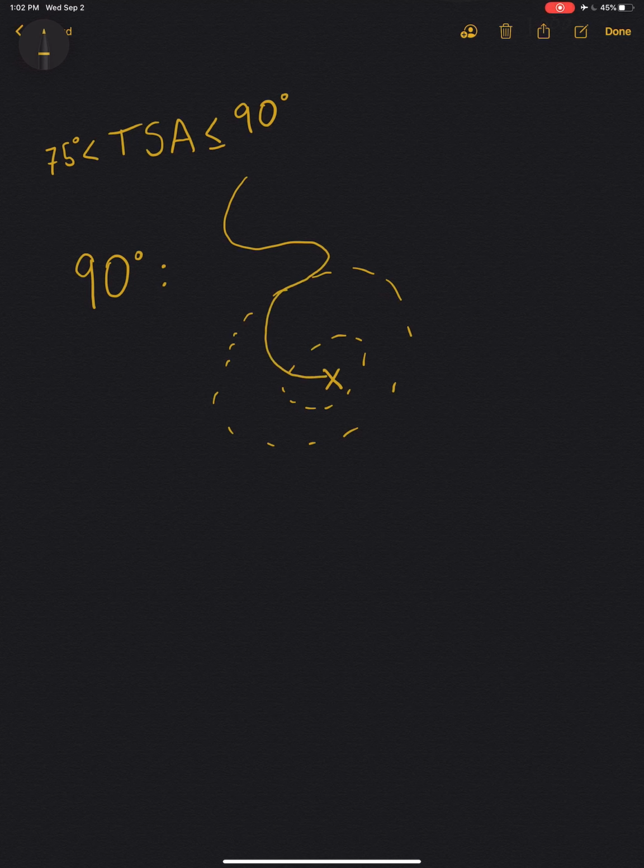So, at 90 degrees trail slope alignment angle, what that looks like is this. We have a high point and contour lines around it. And a trail that is moving along, and at any given contour line, the trail is exactly perpendicular to the direction that the hill is gaining or losing altitude in.